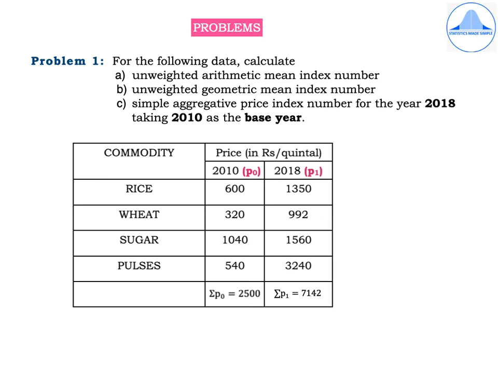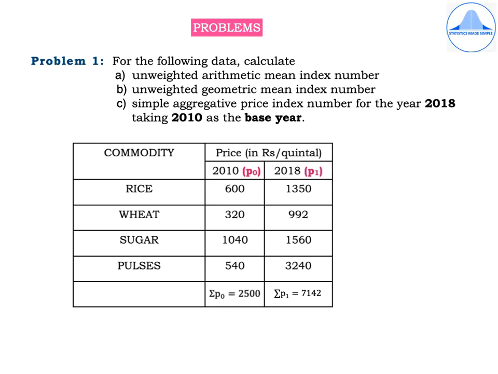Then price in rupees per quintal is given for the base year 2010 and for the current year 2018. The prices for 2010 are 600, 320, 1040 and 540.